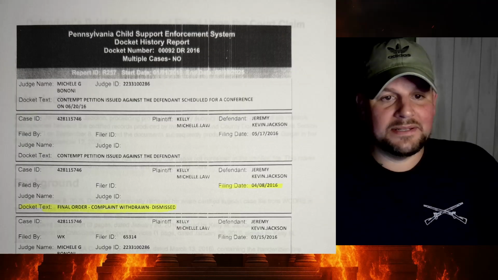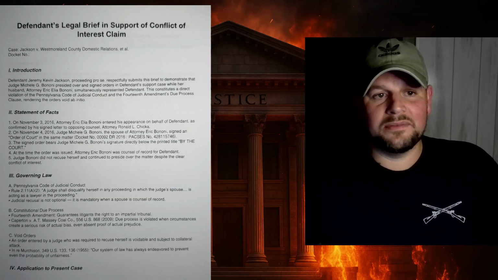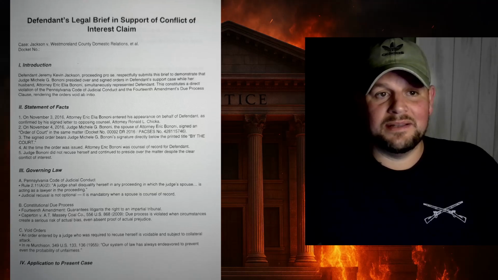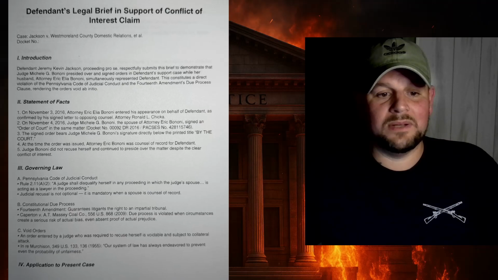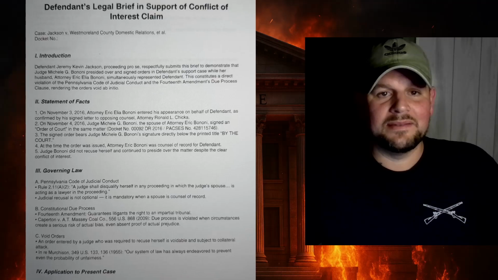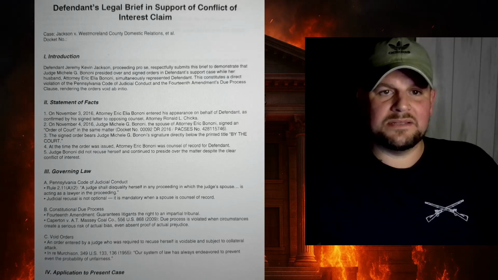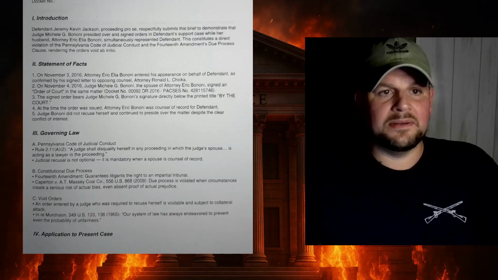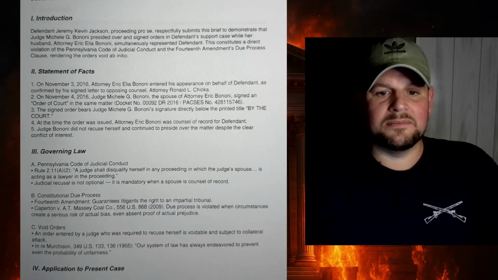Let me see what we got here. Okay, so first we're going to go over things that are wrong with that situation of a judge's lawyer husband representing me in my case. So this is my legal brief. I make these before every piece of evidence when I put it in my evidence binder. So I'm going to scroll up here and enlarge this a little bit for you guys to read.